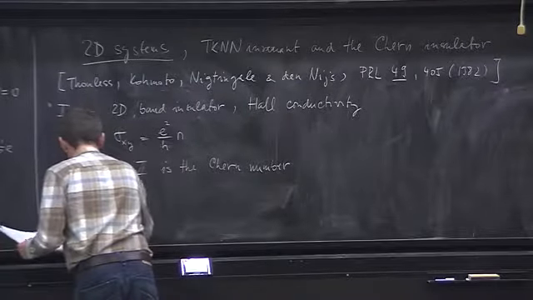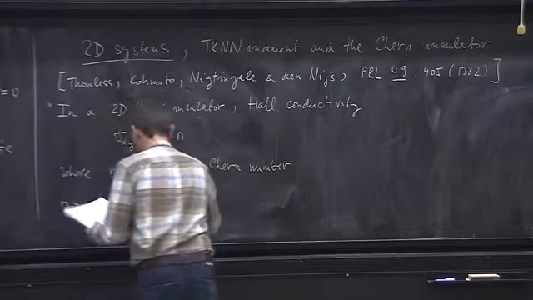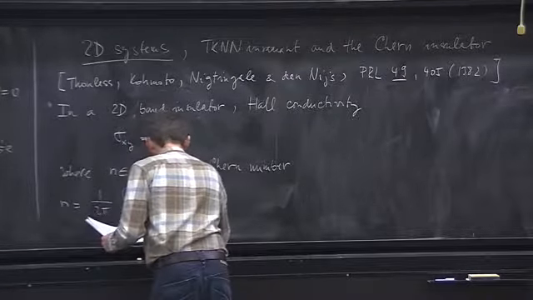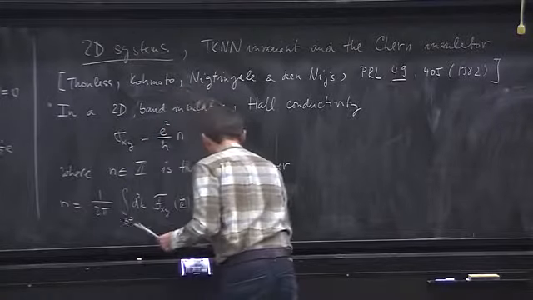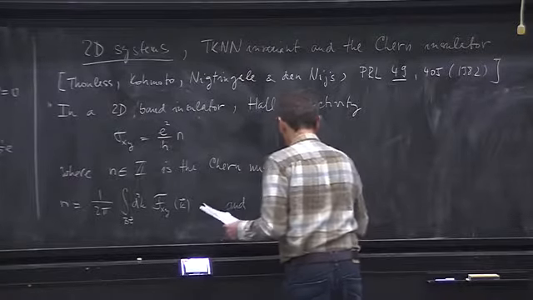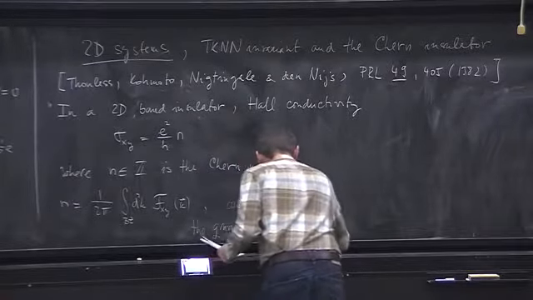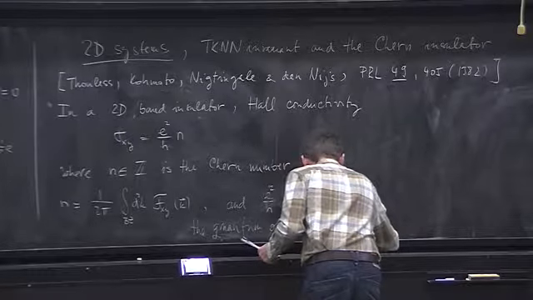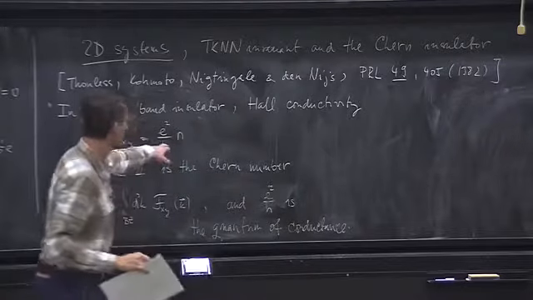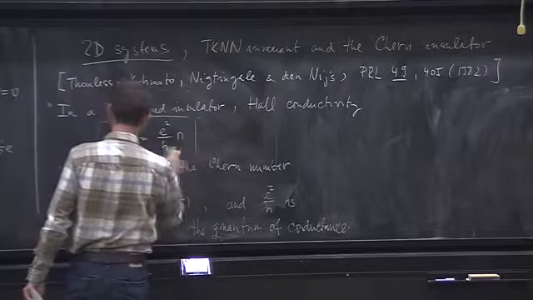N is equal to 1 over 2 pi integral d2k over the Brillouin zone of this F xy of k, and e squared over h is the quantum of conductance. Now this h here is the Planck constant, but not divided by 2 pi. h bar would be Planck constant divided by 2 pi. This is the Planck constant as Planck originally invented it.